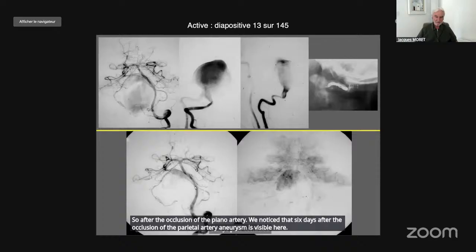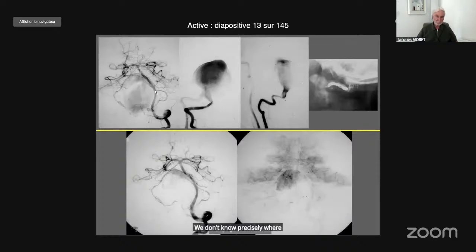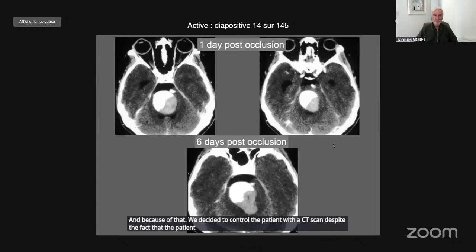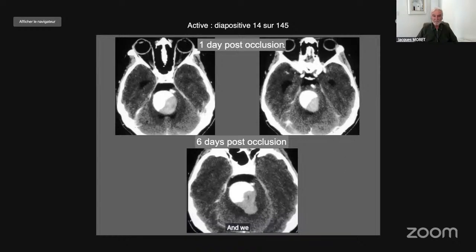We don't know precisely where the vessels come from, probably perforators or something like that. There is almost no more sac visible, but there is quite a big clot. Because of that, we decided to control the patient with a CT scan, despite the fact that the patient was going pretty well.